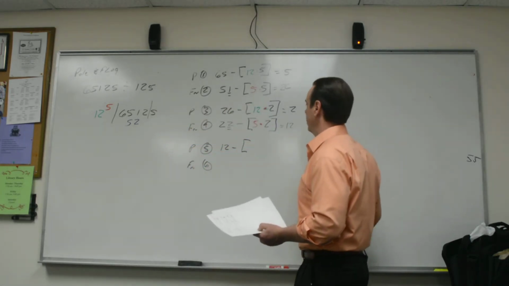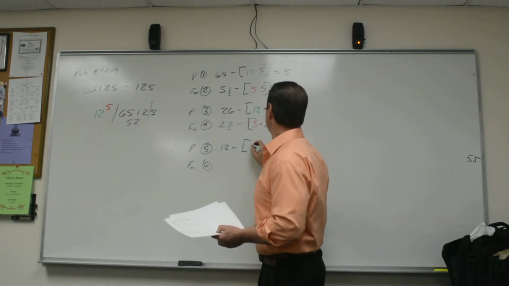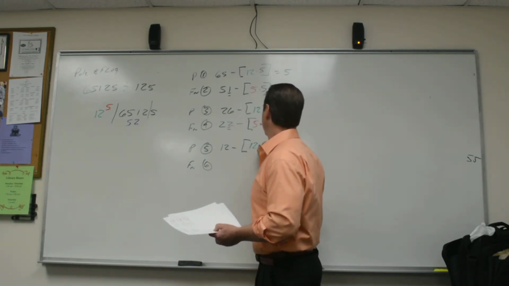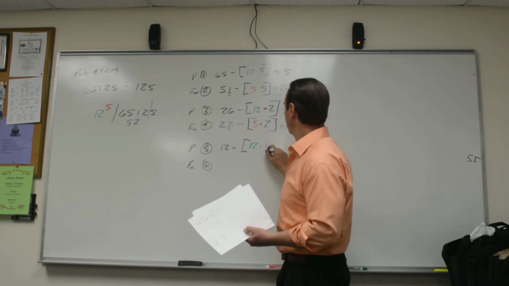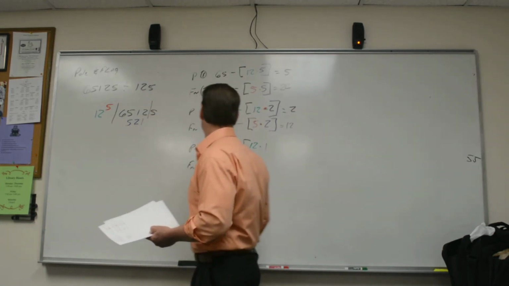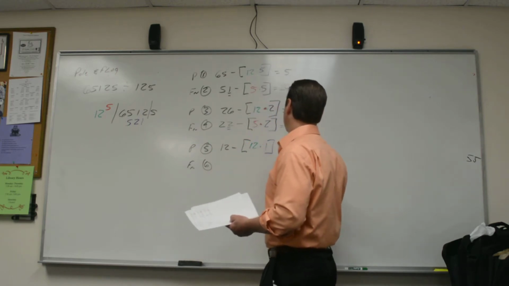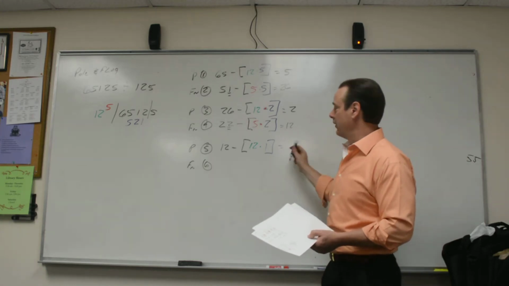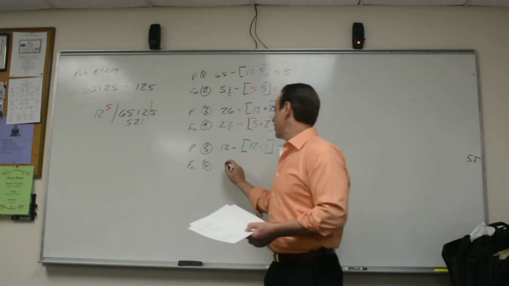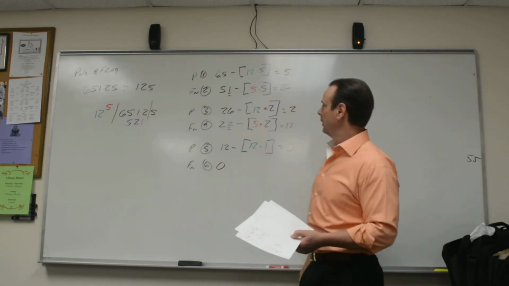So this is going to be what? 12 times 1? Well, this is a tough one. 1. So put the 1 over here. I'll take care of this one too. Let's see, 12 minus 12 is 0. So we put a 0 here. We'll bring down 5.